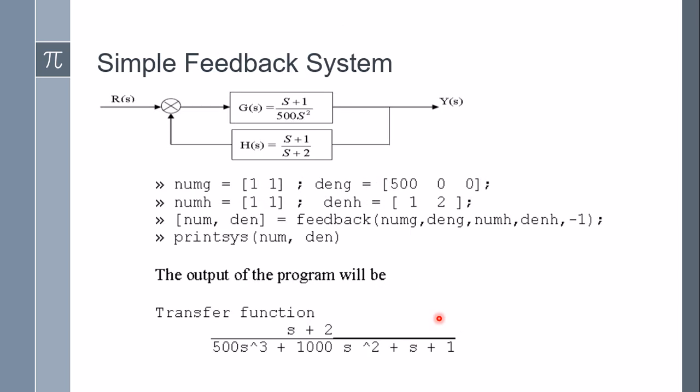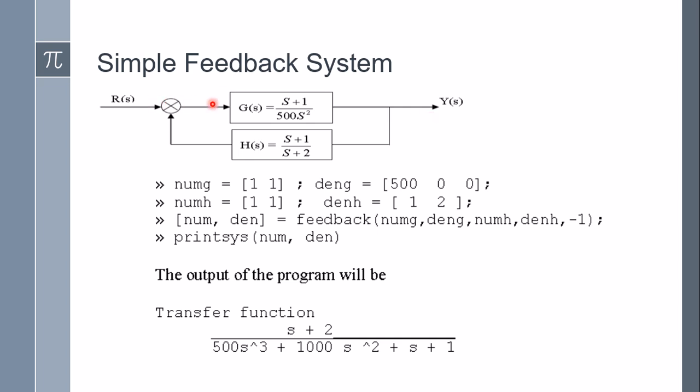And then you consider a simple feedback system. In this case, R of S is the universal input and Y of S is the output of the system. Here you see the signal has two transfer functions, G of S and H of S. G of S is the forward transfer function, meaning the signal flows from input to the output side.